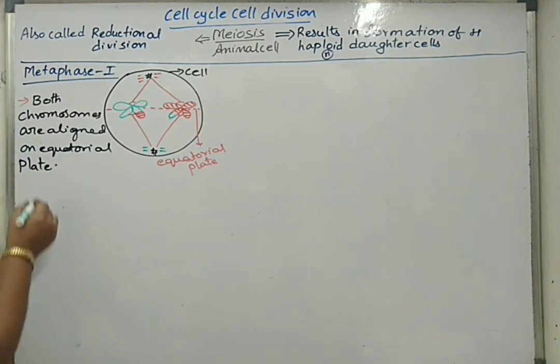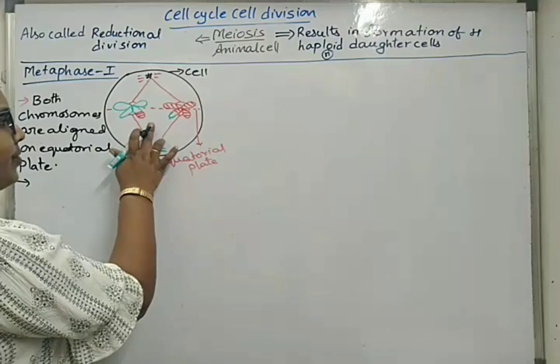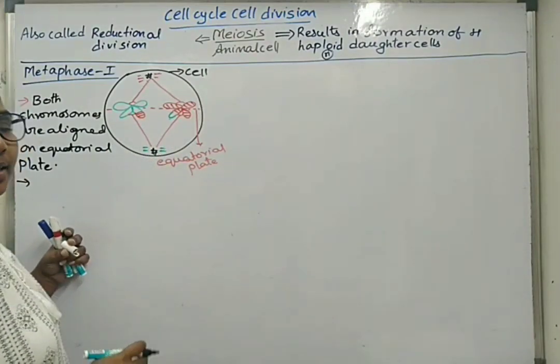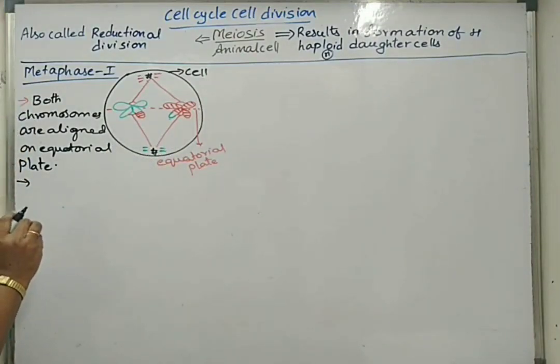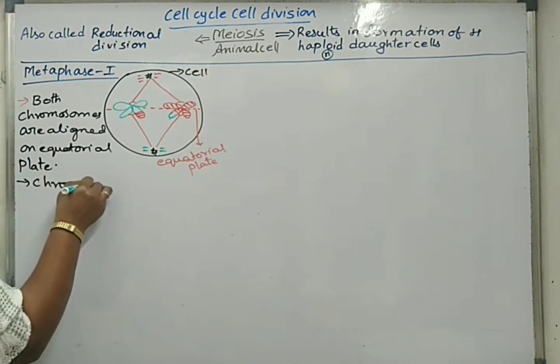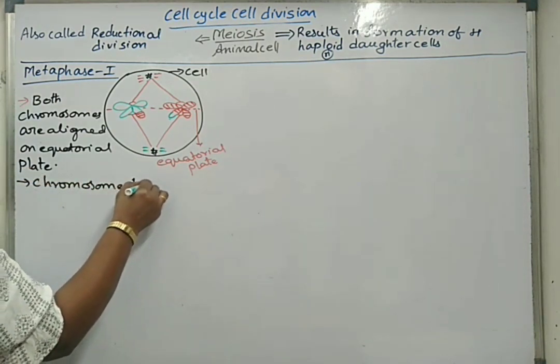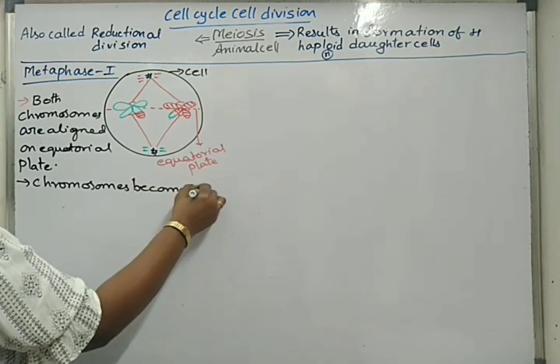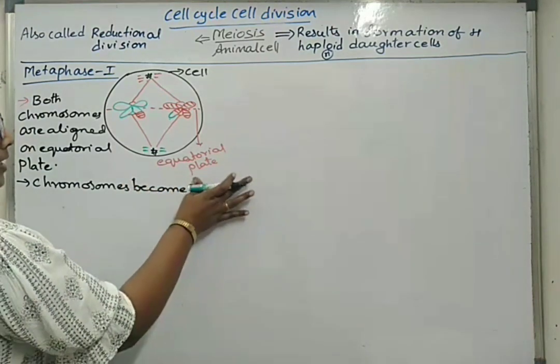Now, in Metaphase 1, chromosomes are said to be attaining prominent structure and morphology. So chromosomes become more prominent.